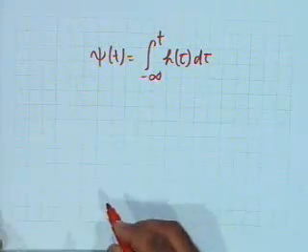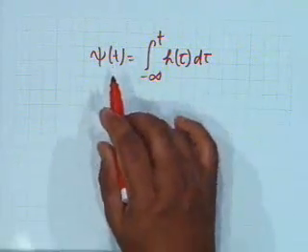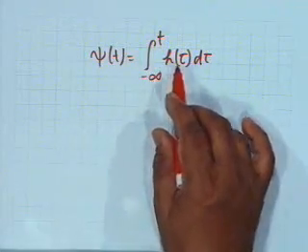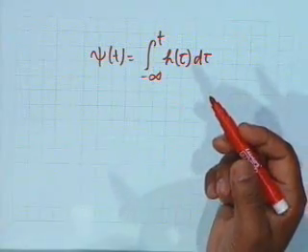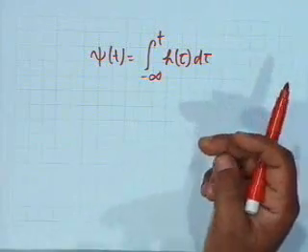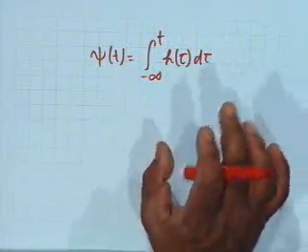That is, psi of t is simply the integral of h of t, exactly like u of t is the integral of delta of t. Similarly, the step response, that is response to u of t, is also the integral of the response to delta of t. This is the beauty and elegance of linearity, linear systems.